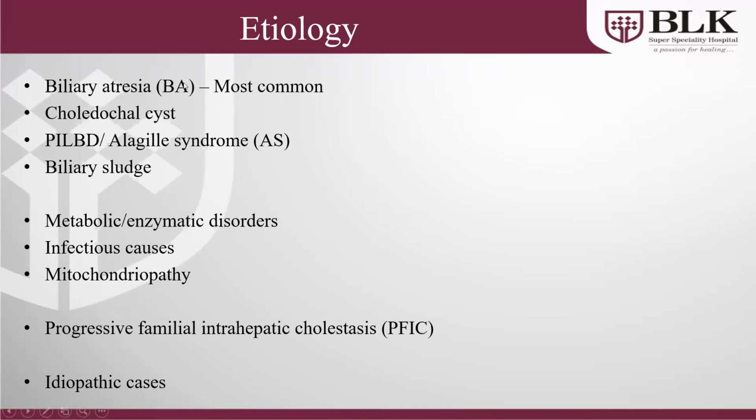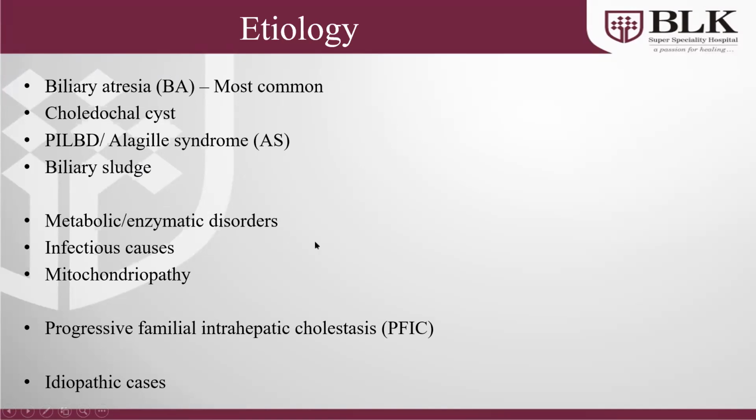Biliary atresia is the most common cause of surgical neonatal cholestasis, as well as overall neonatal cholestasis. Besides biliary atresia, it can be choledochal cyst, paucity of interlobular bile ducts, which can be syndromic, that is Alagille syndrome, or non-syndromic due to certain infections like CMV or due to cystic fibrosis. It can be due to biliary sludge. These are the surgical causes.